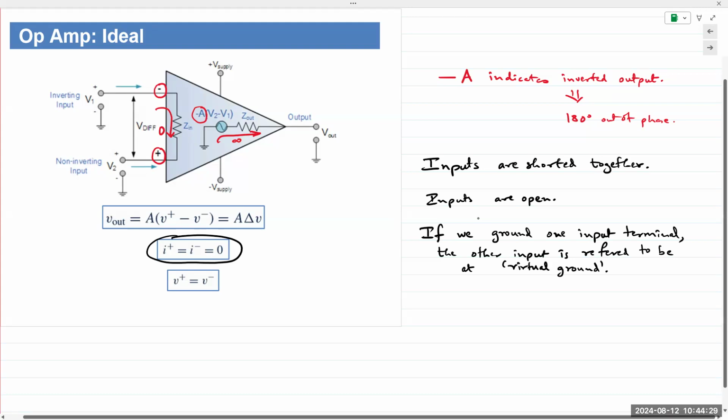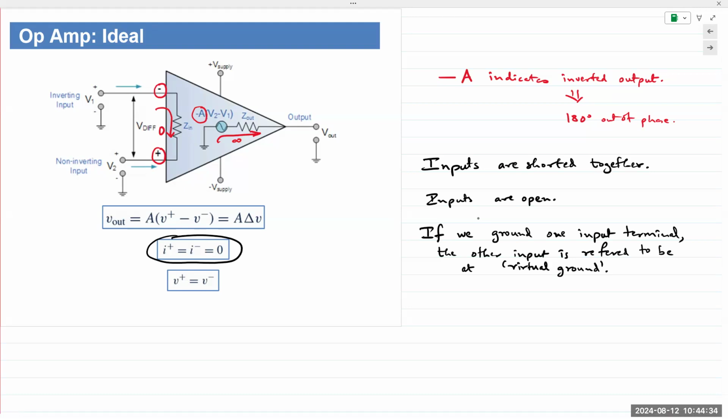If we ground one of the terminals, whether it's the negative input or the positive input, we can refer to it as being connected to virtual ground, virtually grounded. And again, sometimes we alternate between those assumptions depending on what kind of analysis we wish to do.